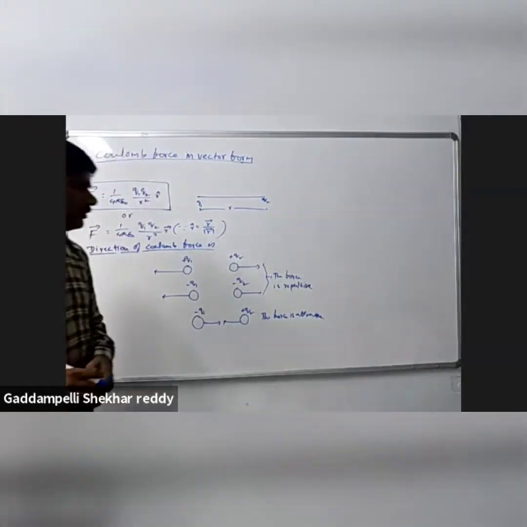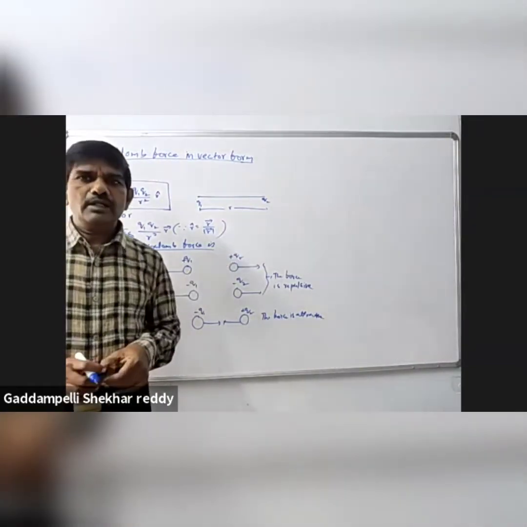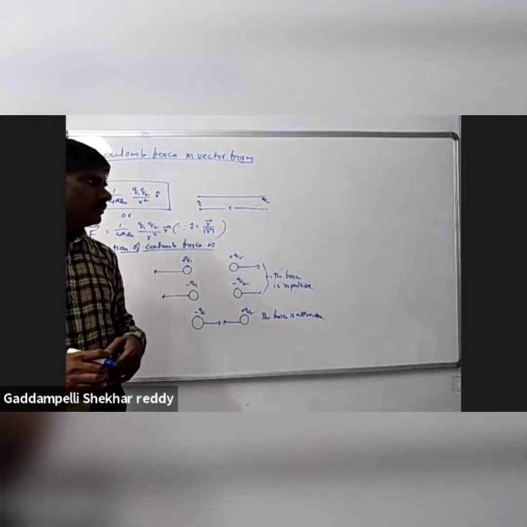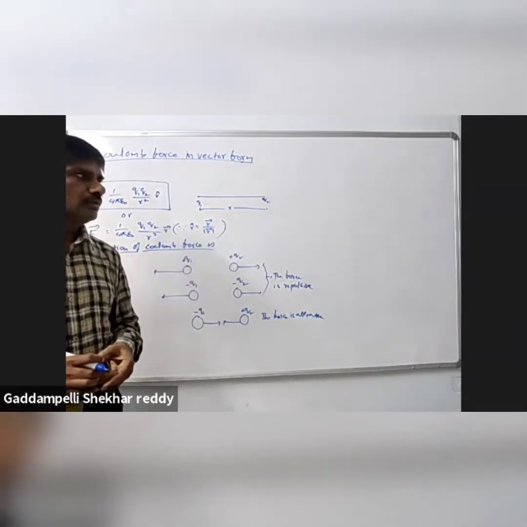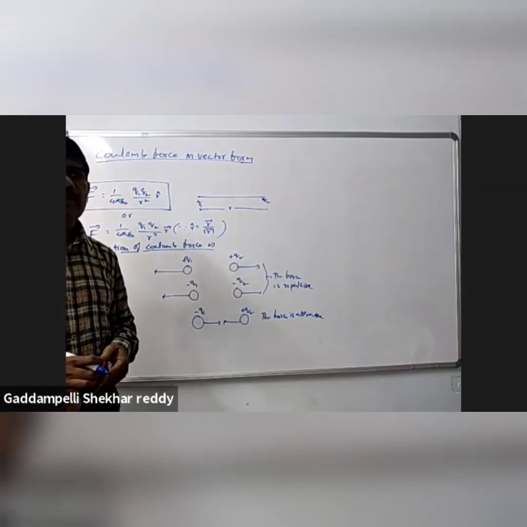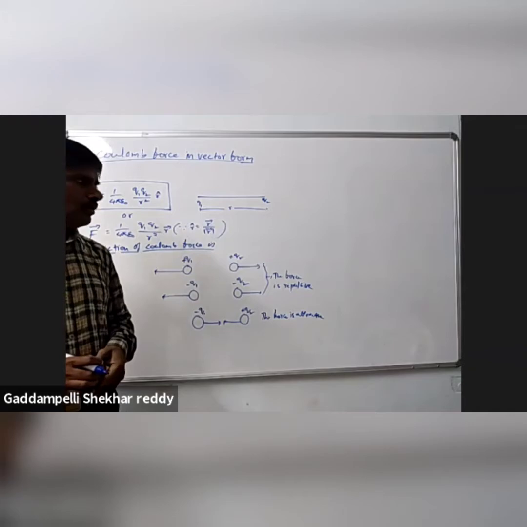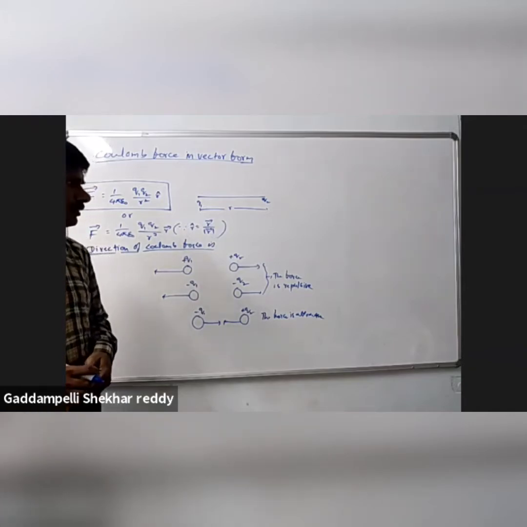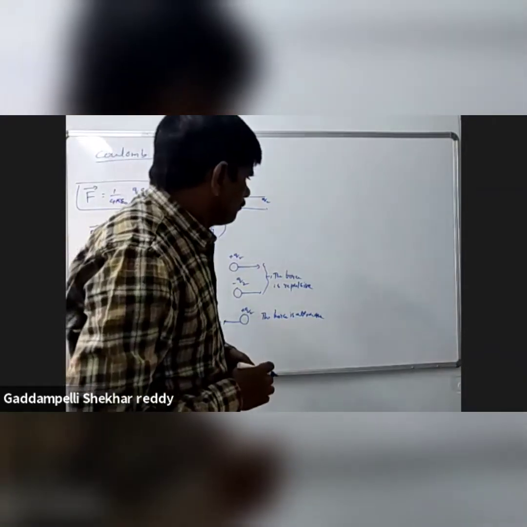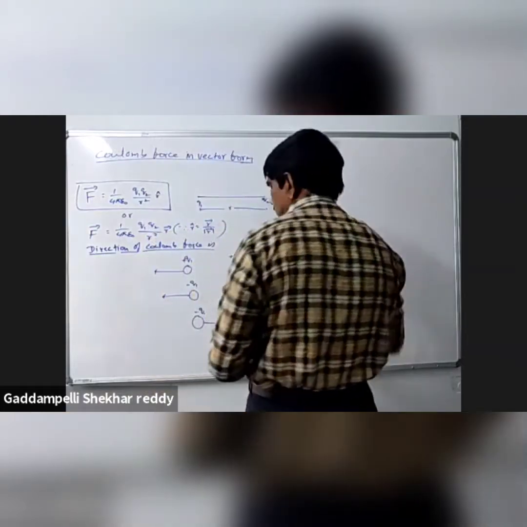At the same time, the Coulomb force always exists as an action-reaction pair. It may be attractive or repulsive, whereas gravitational force is always attractive.